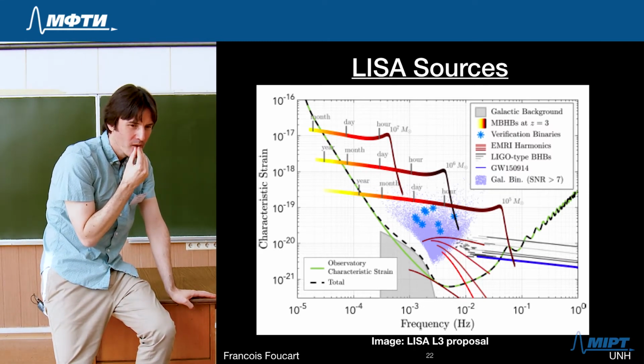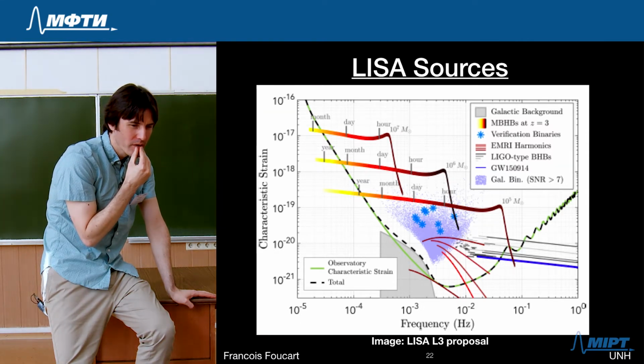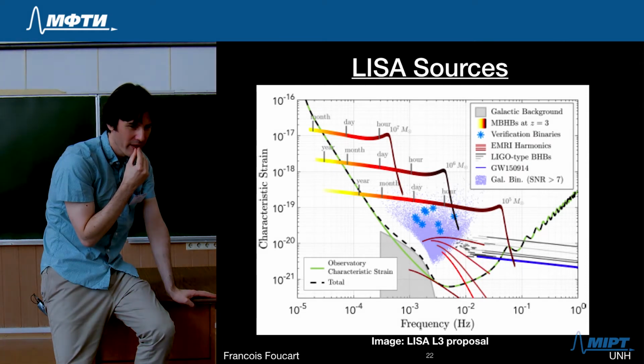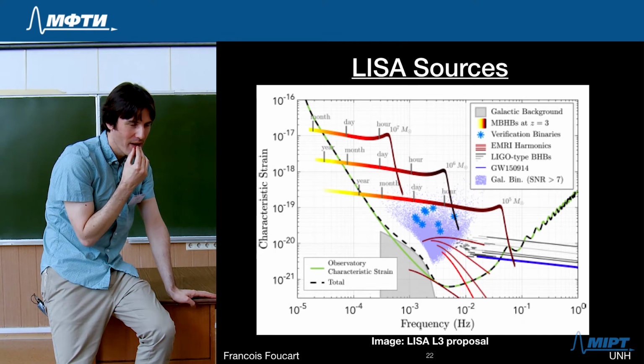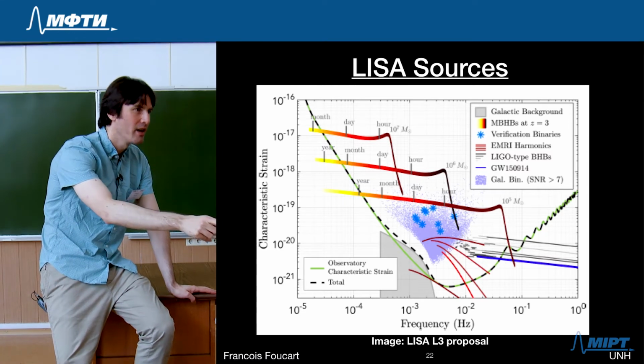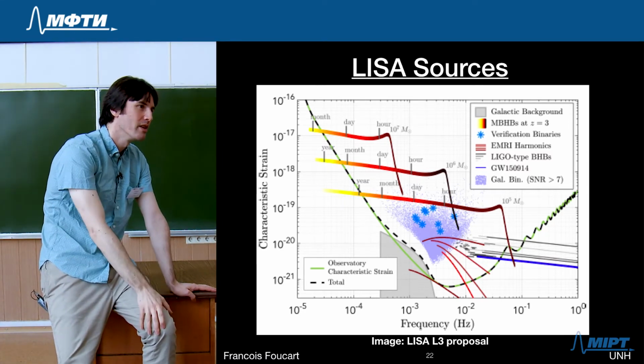Okay. So the standard tidal disruption event is a nearly parabolic orbit. It's a very high eccentricity orbit. These are more circular orbits.